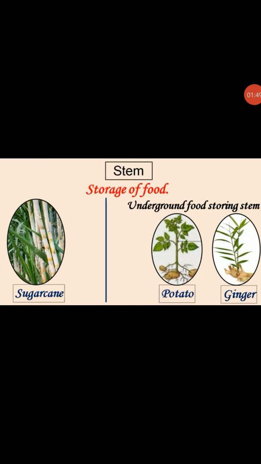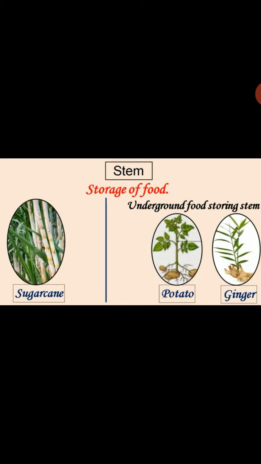Plants store their reserve food in different parts such as leaves, stem, fruits, roots, etc. We have seen food storing roots earlier. There are several examples of modified stem. It stores food, such as sugarcane. As you can see in the picture, sugarcane is not the fruit. Actually, it is the stem of that plant.